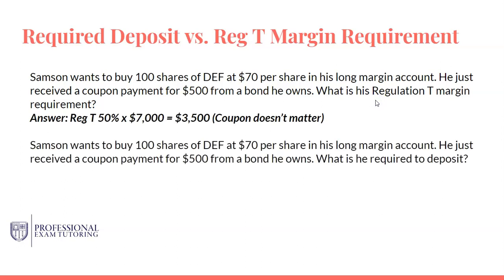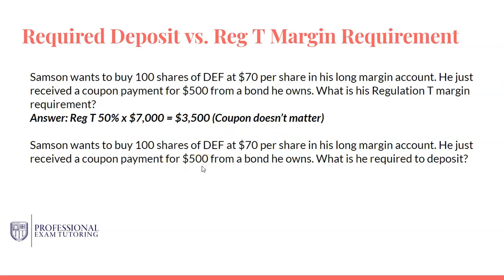Now let's take a look at the same scenario, but with a different question. Now we ask, what is his required deposit? Or what is he required to deposit? So this changes up the question, because here we remember from the last question, his Regulation T margin requirement is $3,500, but his account just received $500 from a bond that he owns separately.